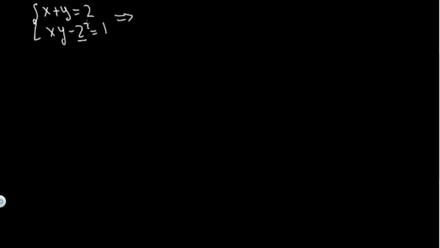So let us move minus z squared to the right and 1 to the left. The first equation we'll copy, and the second, as I said, we move z squared to the right, 1 to the left.